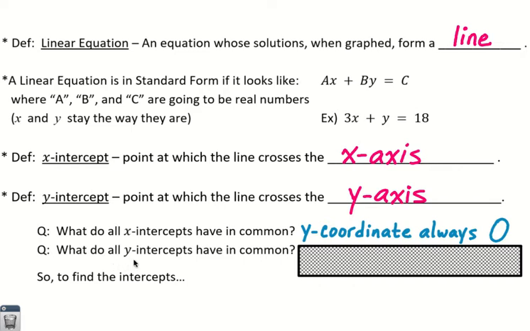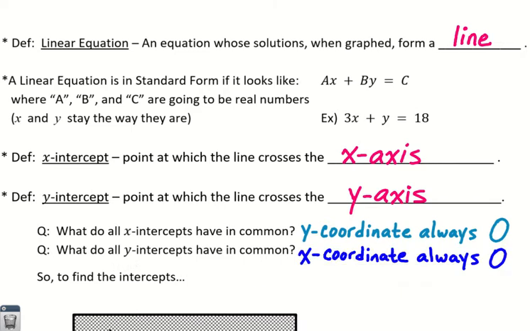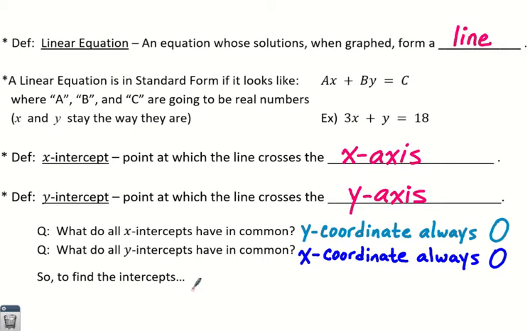Likewise, what do all the y-intercepts have in common? That the x-coordinate is always 0. So as far as our homework is concerned, and any problem related to this, like on any test in the future, you would plug 0 into y, and that would flush out the x-intercept.